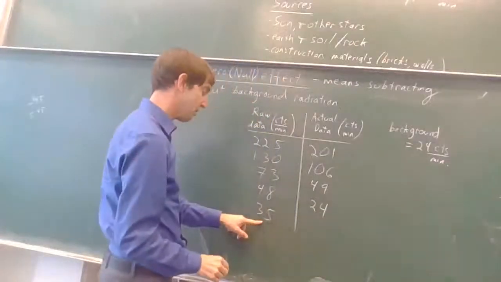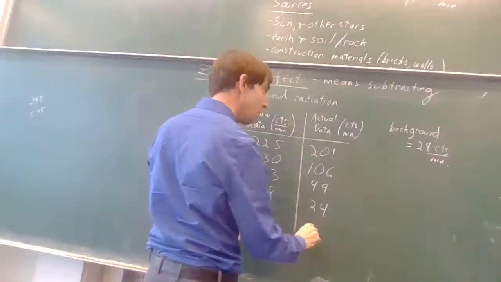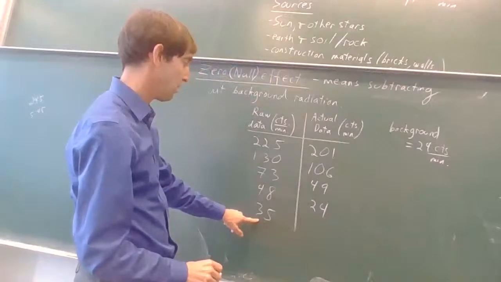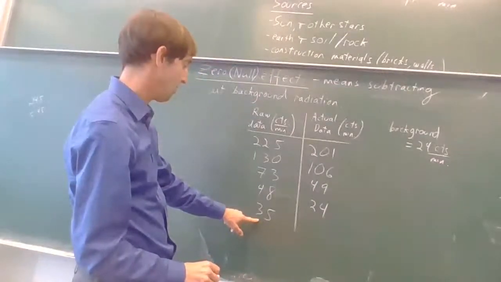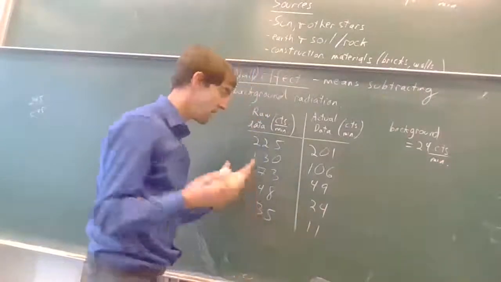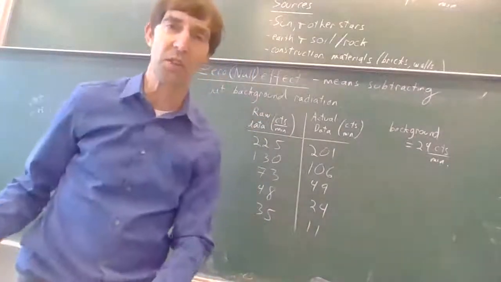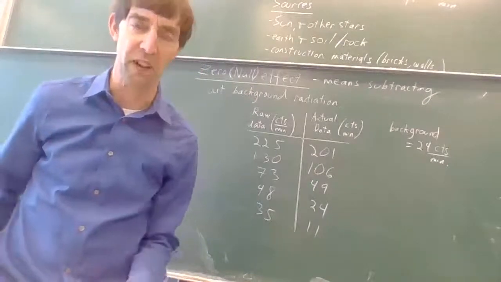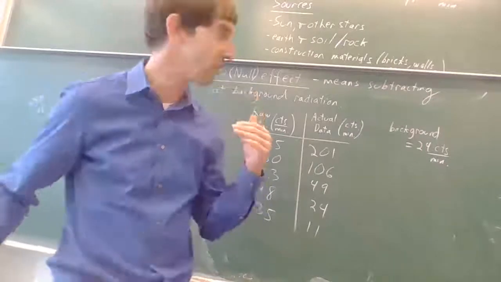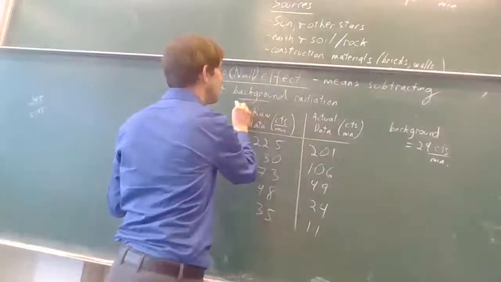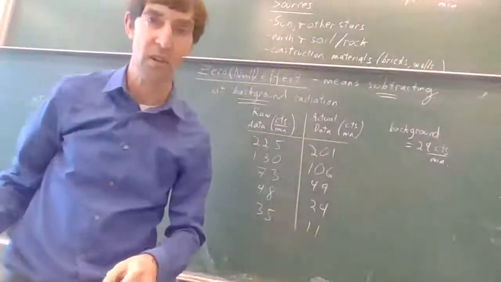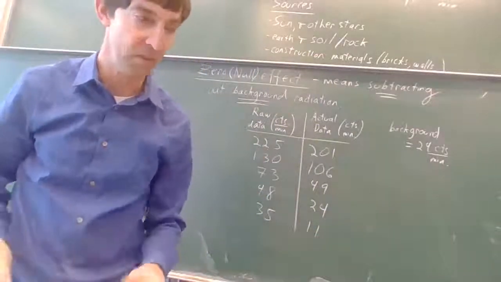And here it's not 35, but it's 11. Ta-da! That's called the null effect or zero effect. You've got to start with zero by subtracting the background radiation. And that's what we did, we subtracted 24 from each value to get the actual data.